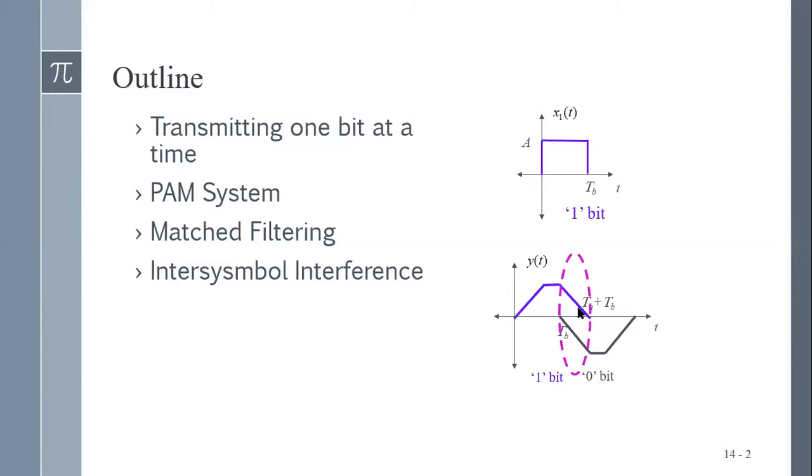That means the 1 interferes with the 0, and the 0 interferes with the 1, so we cannot correctly detect 1 or 0 separately. This is known as intersymbol interference. We'll discuss this elaborately in the next class. Today our focus will be only on matched filtering. So let me proceed. I hope in a layman's version you are clear about intersymbol interference.